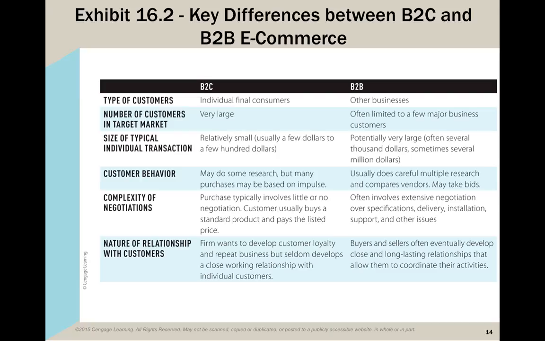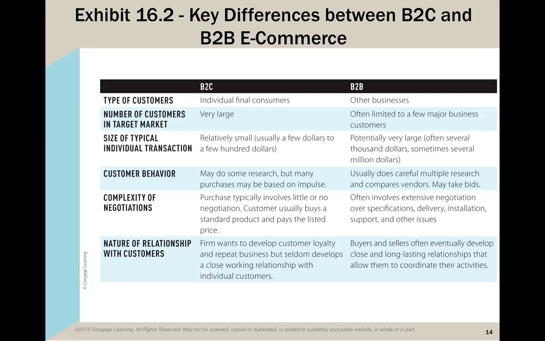There are usually fairly small transactions, and consumers might do some research, but a lot of their purchases are based on impulse, and there's typically very little negotiation, and the firm will want to develop loyalty for consumers, and sometimes that can be a little bit challenging.